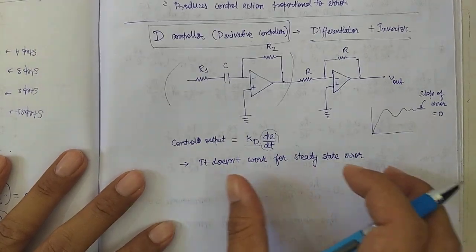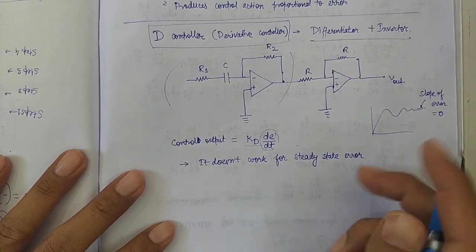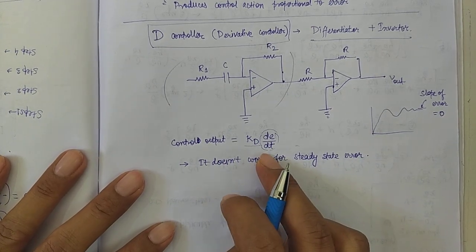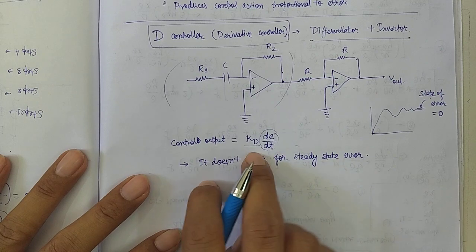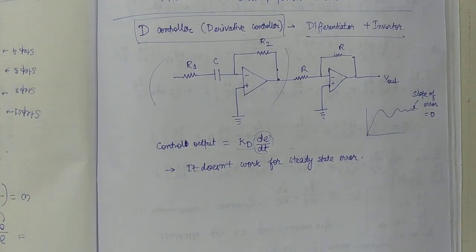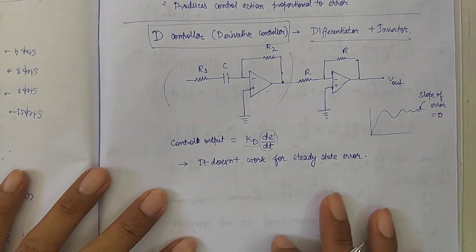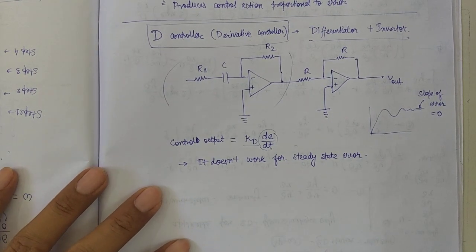So this wouldn't give any output. Since your error is not changing with time at steady state, this control output will also not be there.